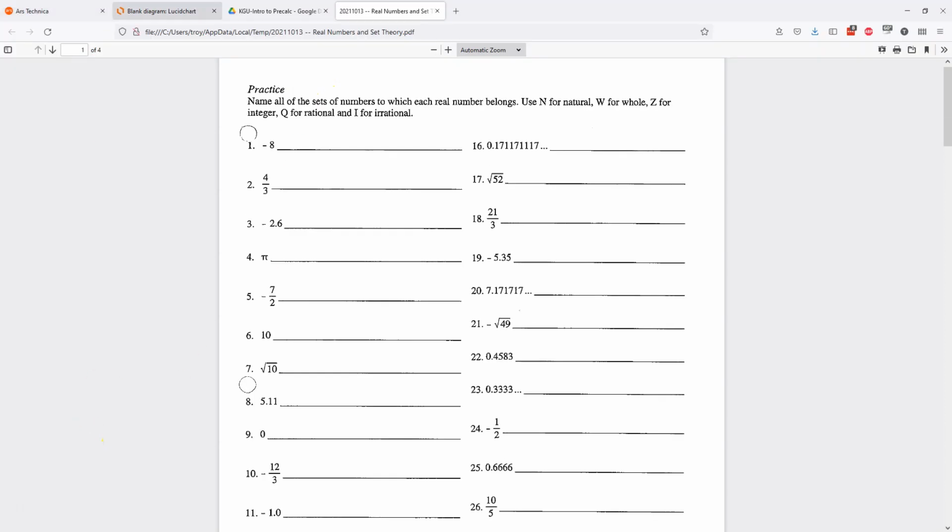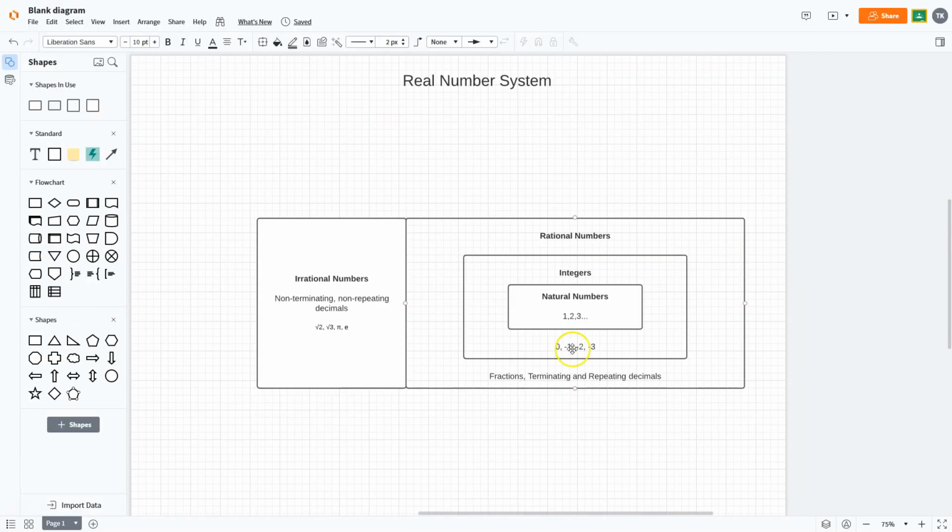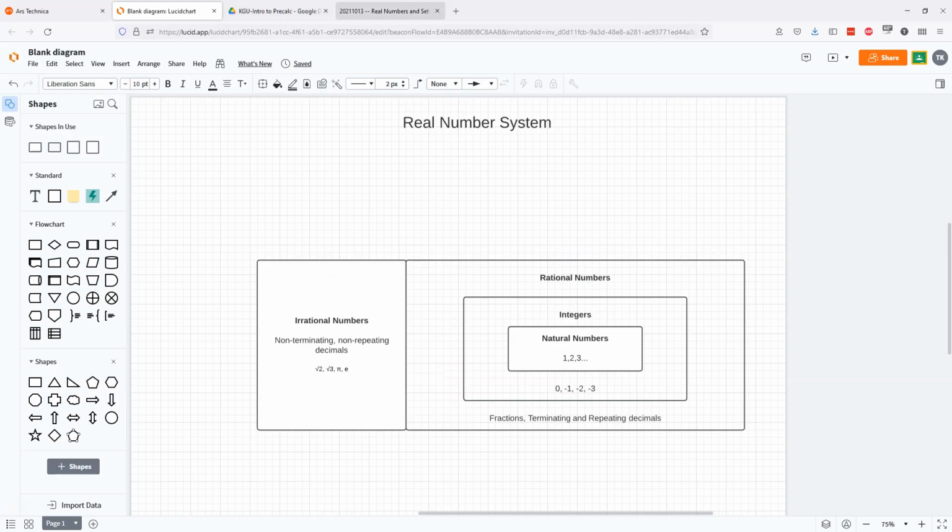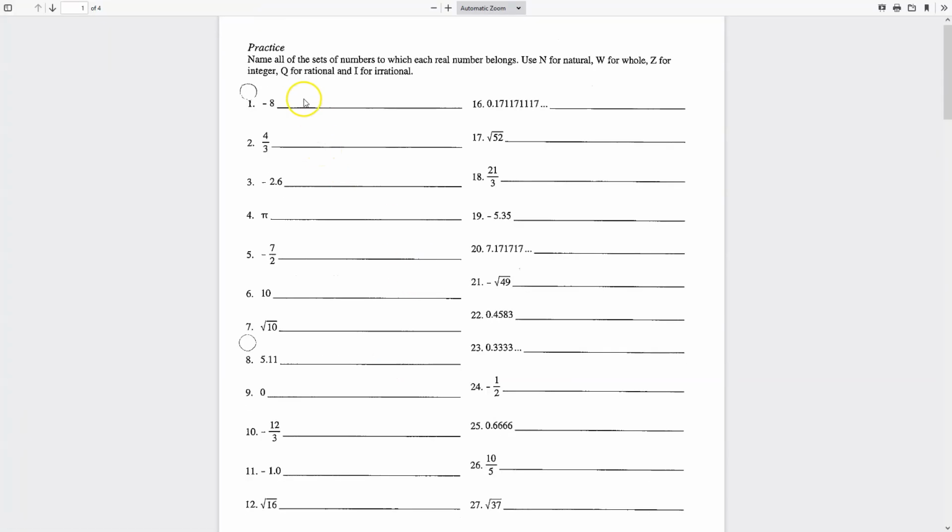So because of the containment that we talked about, anything that you classify as an integer will also get classified as a rational number. Fractions are rational. Terminating decimals are rational. Be careful though, because like 21/3 is 7, which is natural.